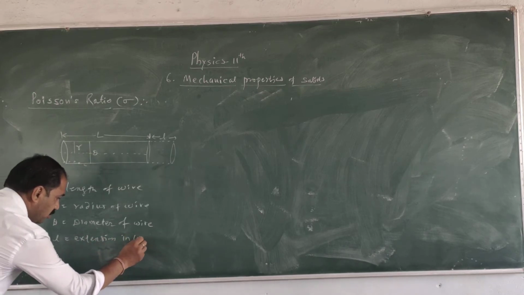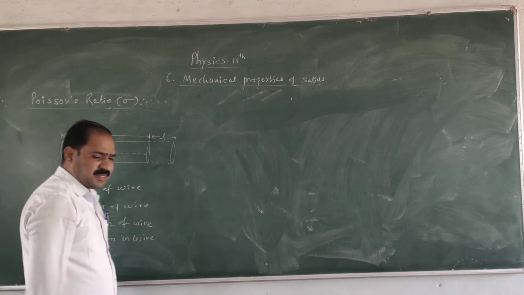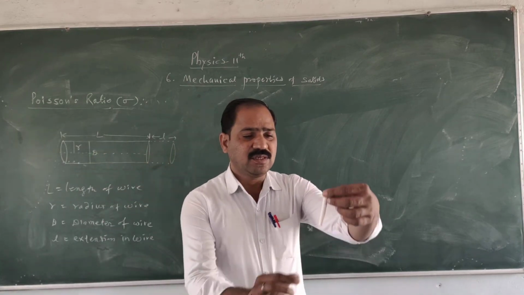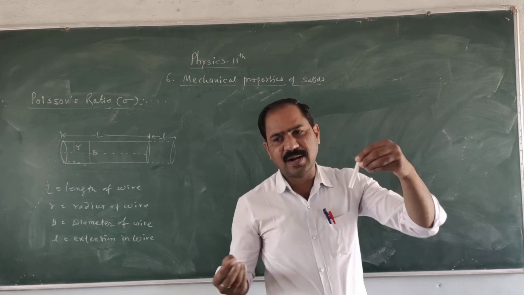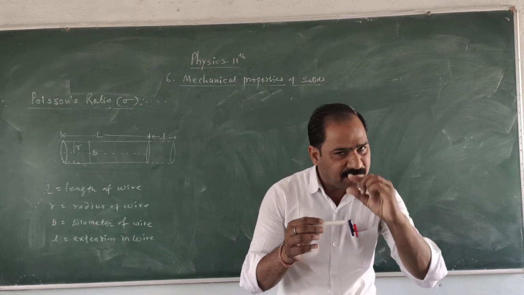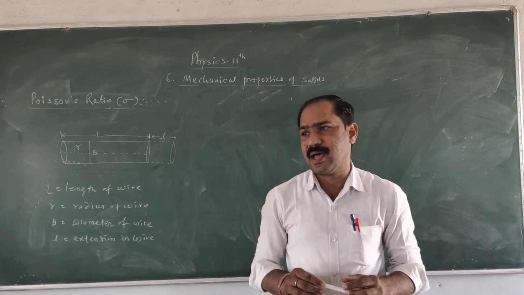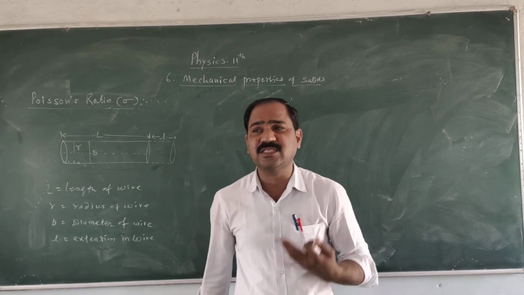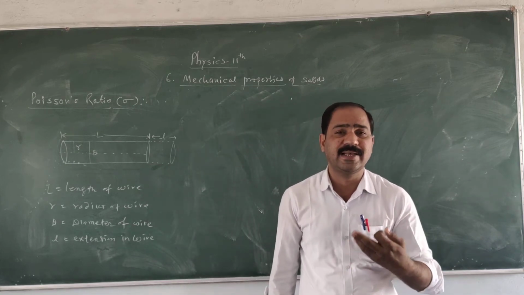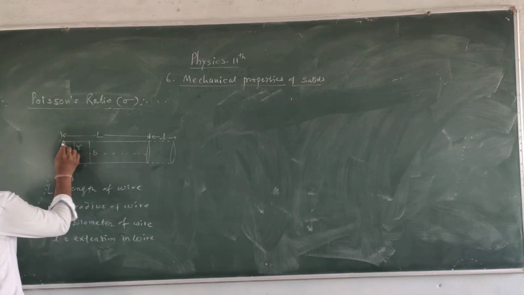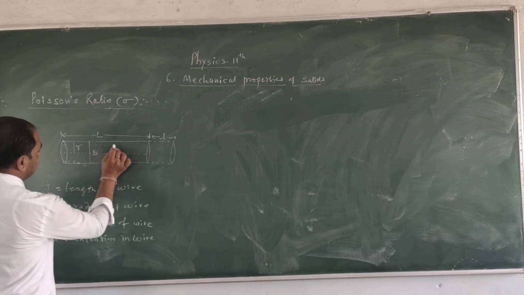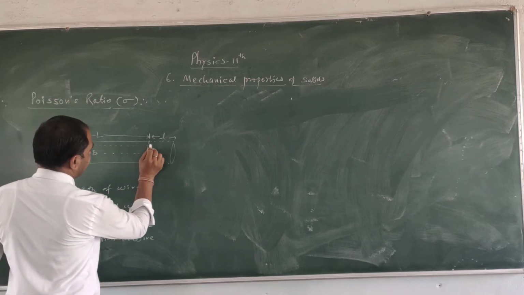Extension in wire. अब देखिए कि क्या होता है, जैसे ये वायर क्या हो रहा है, एक्सटेंड हो रहा है, मीन्स इसकी लंबाई बढ़ रही है, बट लेकिन इसका डायमीटर क्या हो रहा है, डायमीटर घट रहा है. मीन्स देयर इज द डिक्रीज इन द डायमीटर एज वेल एज रेडियस ऑफ द वायर. मीन्स ये जो आपका शेप है, दिस शेप विल बी लाइक दिस, ऐसा आपको दिखाई देगा.